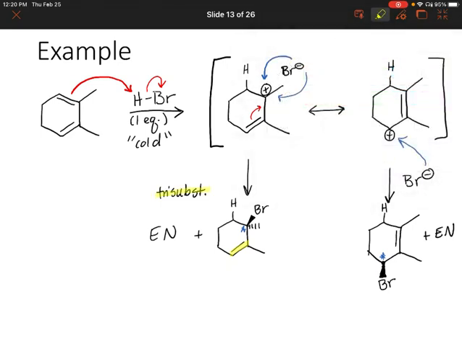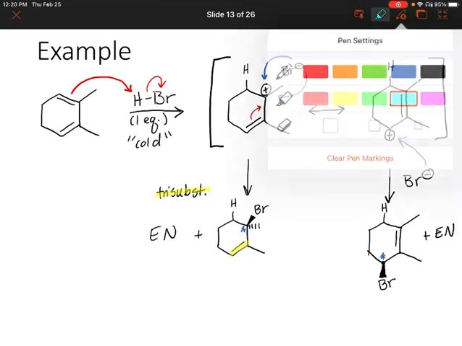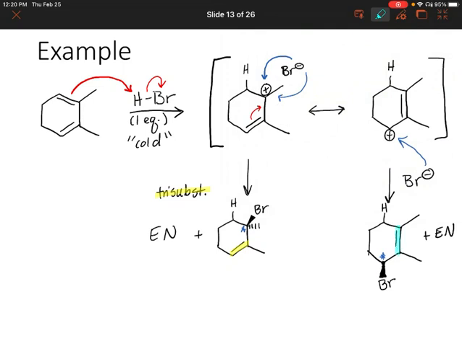Okay, what about the other product on the right? Is the double bond mono, di, tri, or tetra substituted? It's tetra substituted. Okay, so which one is more stable?